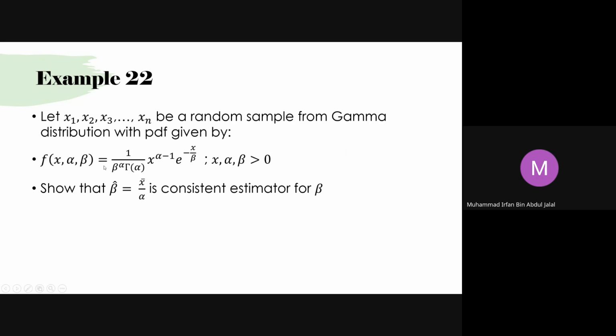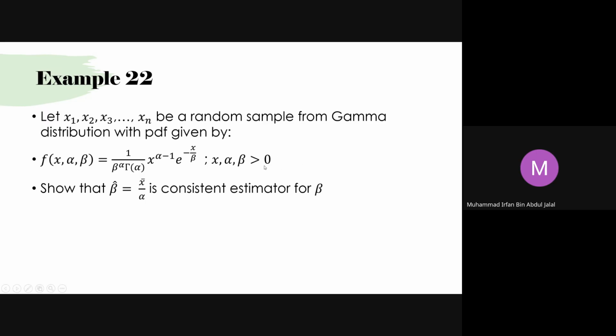And then the PDF for the gamma distribution follows this form. This is the gamma function of the parameter alpha, and this is the random variable x, times an exponential function of minus x divided by beta. As you can see from the gamma distribution, the random variable can only take positive values.